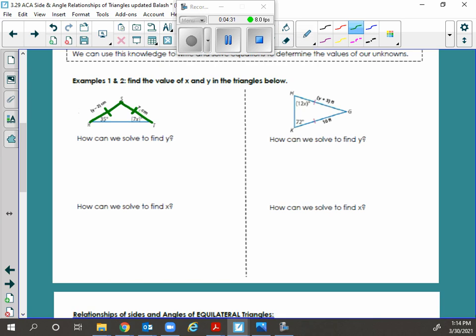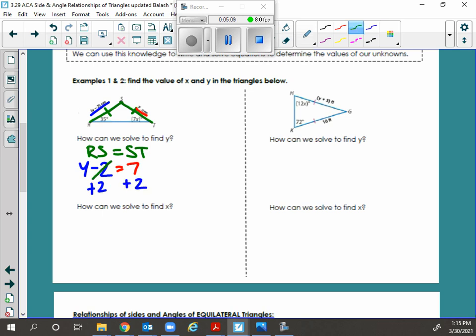So take a look. If I do line segment RS, I know that that's going to equal line segment ST. I color-coded it green for you up there. I can substitute y minus 2 for the length of RS, and I can substitute 7 in for the length of ST. I could simply just add 2 to both sides.